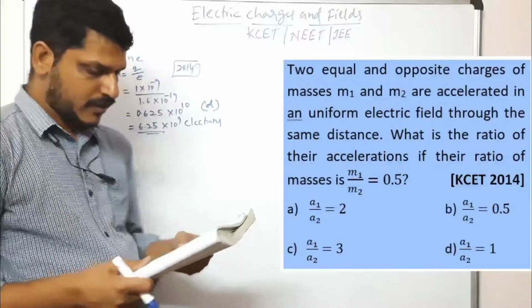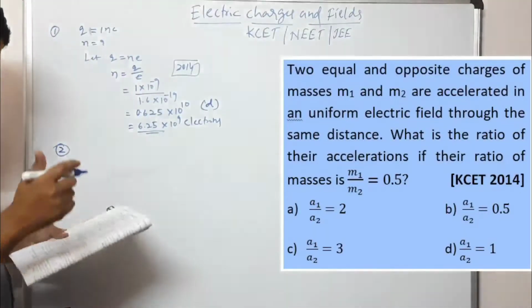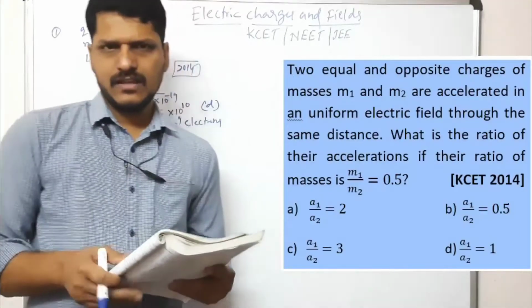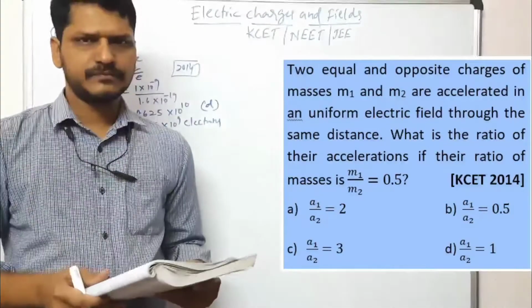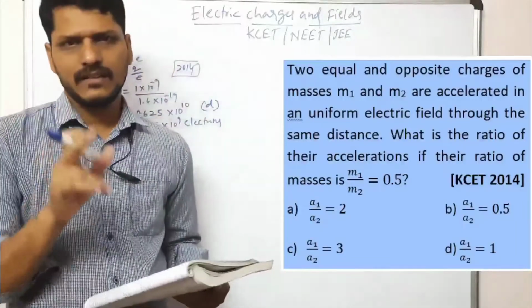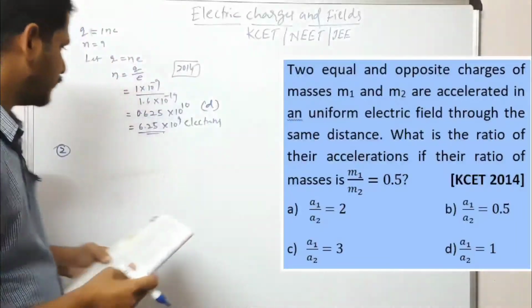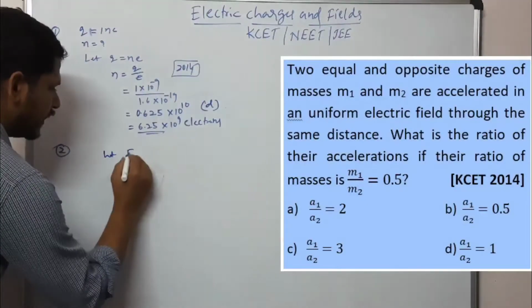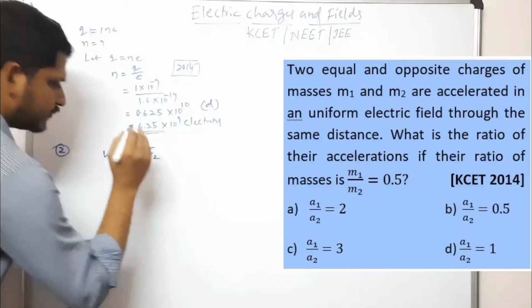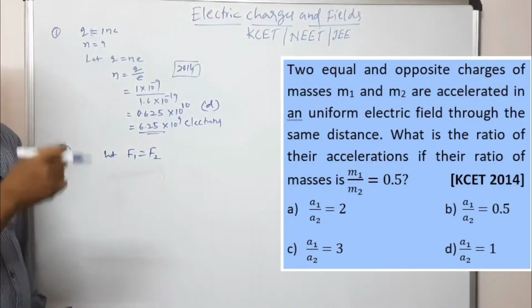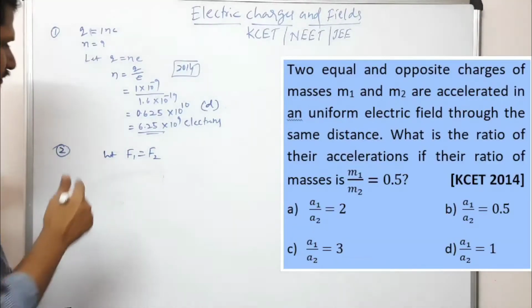So this appeared in 2014. According to the given problem, both the bodies travel the same distance. That means the force acting on both the bodies is the same. So let F1 be equal to F2, because the distance traveled by both the bodies is the same.